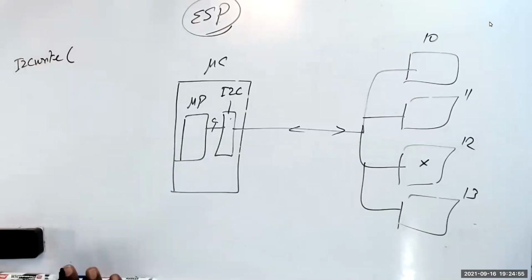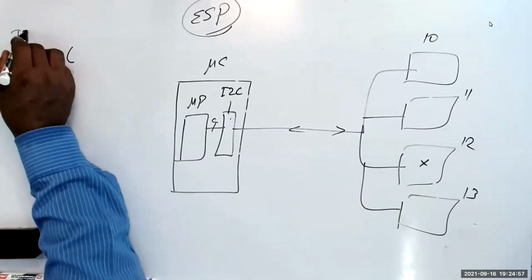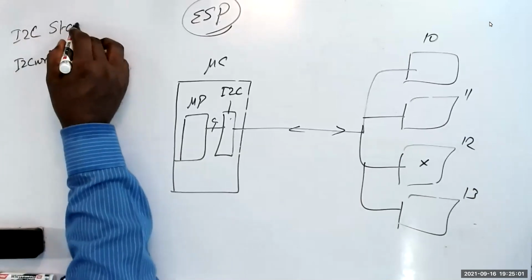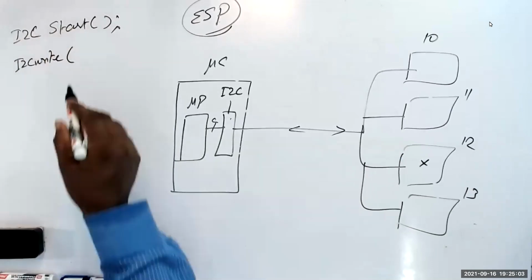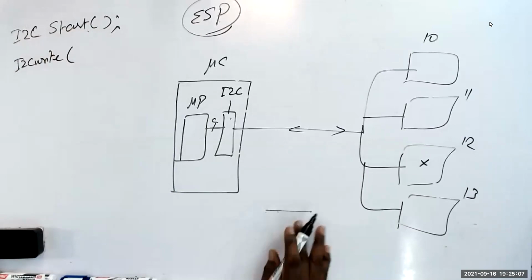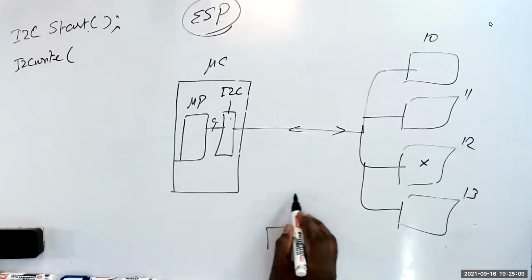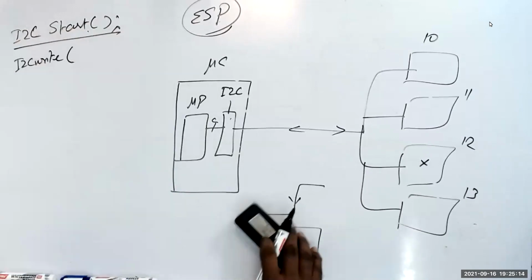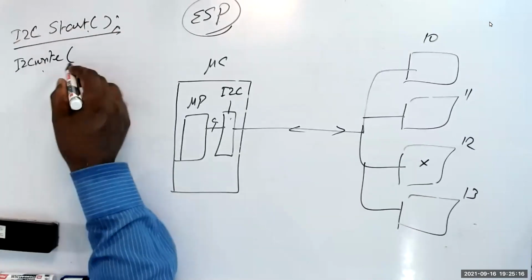First I'll say I2C start. This function will make start the I2C, that is, when clock is high, data is low. This will be done by this function.